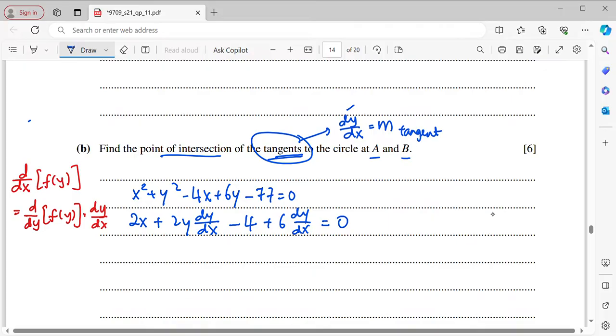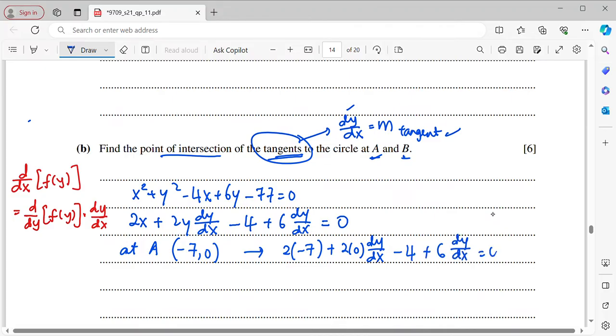Now, to find the gradients of the tangent at both points A and B, I will write at A. Let's say, for example, A has coordinates minus 7, 0. I choose x equals minus 7. Now I will directly replace x and y to get dy/dx: 2 times minus 7 plus 2 times 0 dy/dx minus 4 plus 6 dy/dx equals 0.